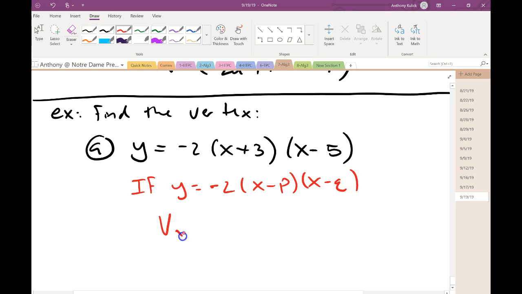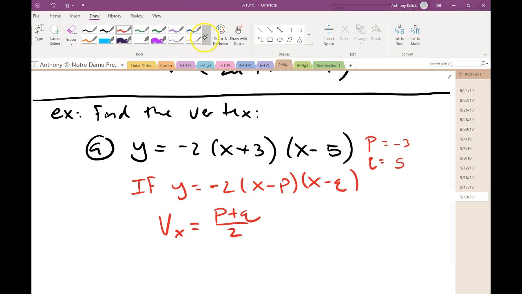So the x-coordinate for the vertex I know is going to be p plus q over 2. What is our value for p and q here? Not quite. It's -3 and +5, right?